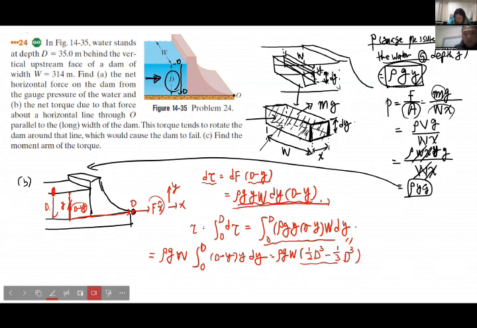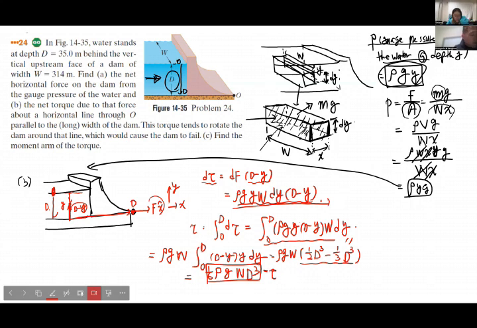If you finish up this derivation, that should be the same as 1 over 6 rho g W D cubic. That is the torque exerted on this point O by the horizontal force from the water onto the point O.